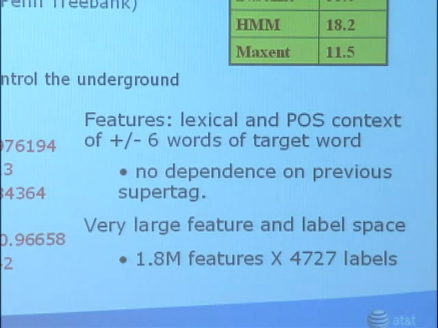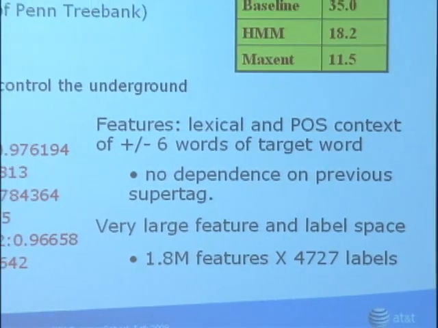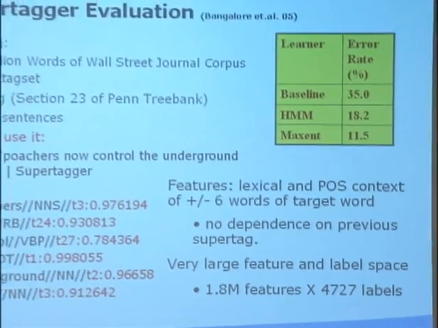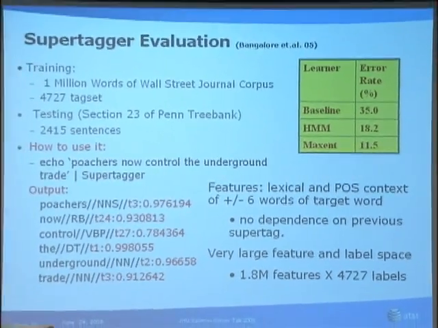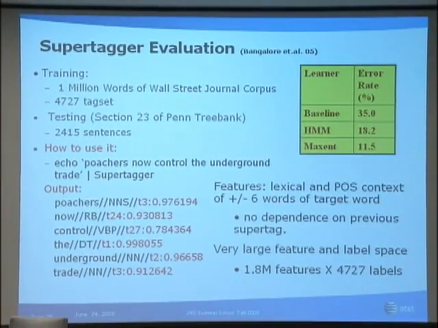I don't even know what it decided in the preceding step. I'm just going to take the lexical context and the part of speech context. If you just take those as features, you have about 2 million features, 1.8 million features. Now think of this: this is the size of the matrix, and we want to optimize on this space. So the scaling things that Patrick talked about start applying at this point.